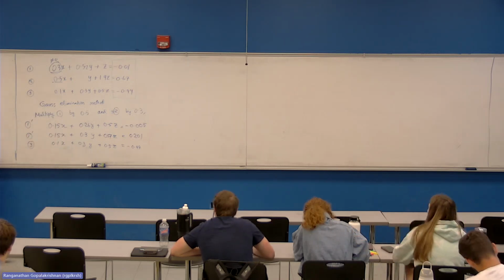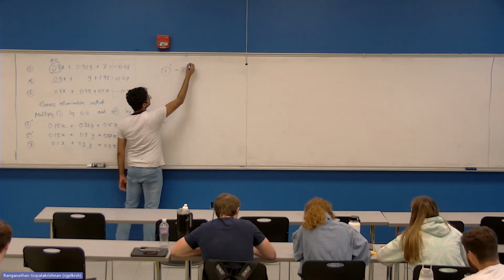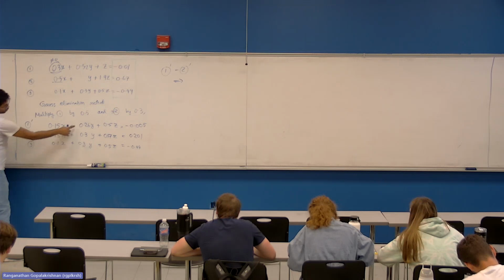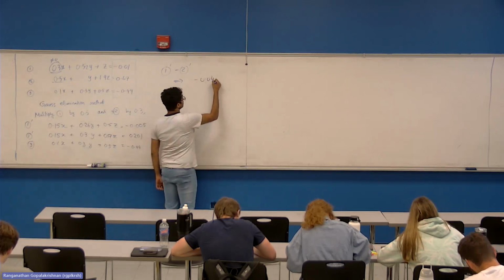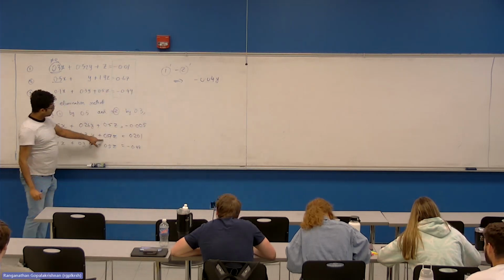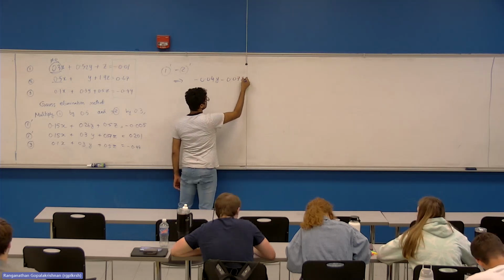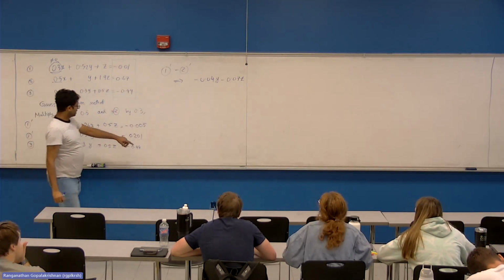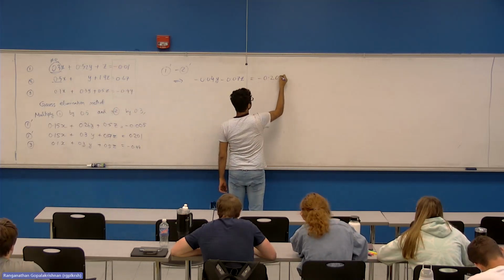So if you do equation 1 minus equation 2, you are left with 0.26 minus 0.3, which is minus 0.04y, plus 0.5 minus 0.57, which is minus 0.07z, and this is equal to minus 0.005 minus 0.201, which is minus 0.206.